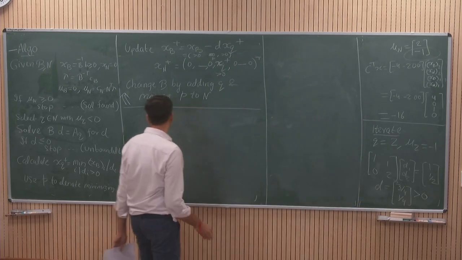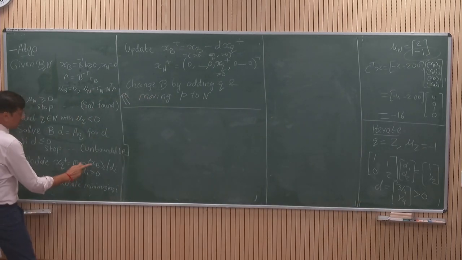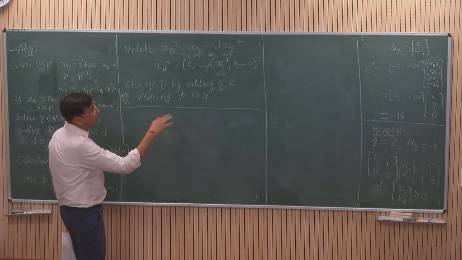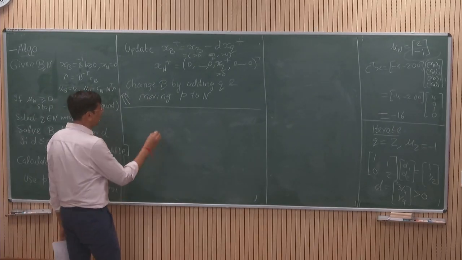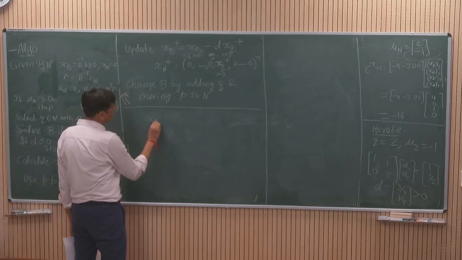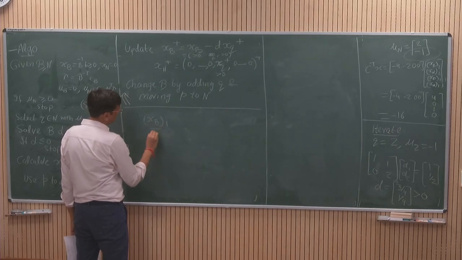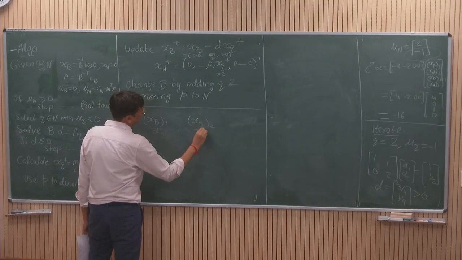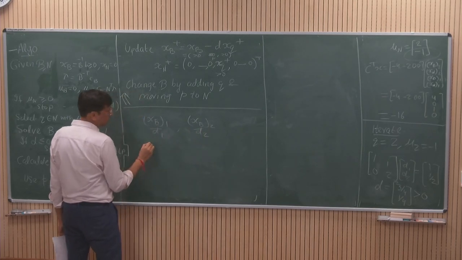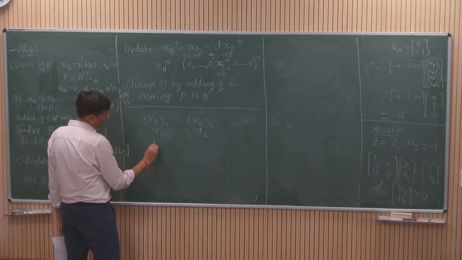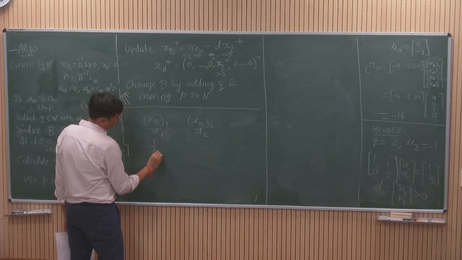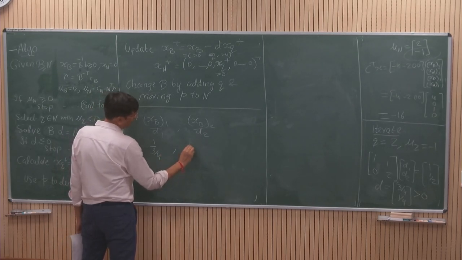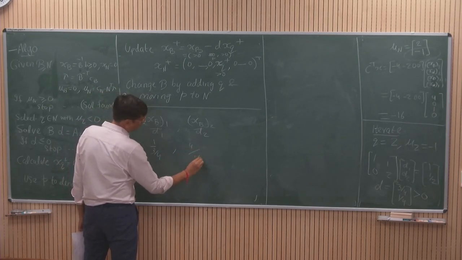Okay, so what is the main step? You have to check xbi divided by di. I erased all of it. What was xbi? So you have to check xb1 divided by d1 and xb2 divided by d2. What is xb1? 1 by 3 over 4 and the other one is 4 over 1 over 4.